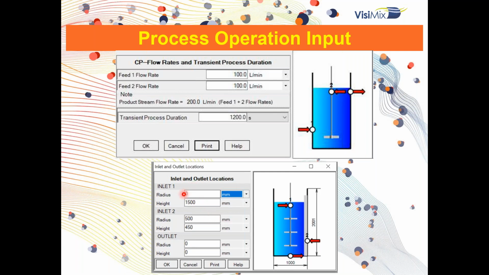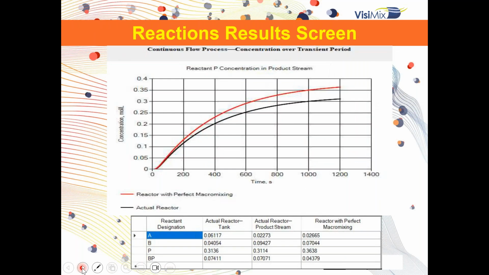And we need to specify, as you remember, this is not new, where we locate the inputs, the inlet number 1 and the inlet number 2, and we define for each what the concentration and the flow are. Once we do it, we click enter.